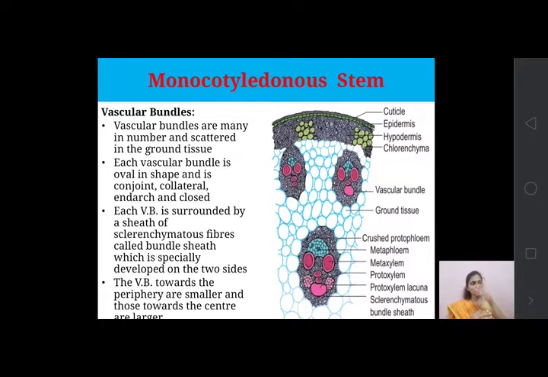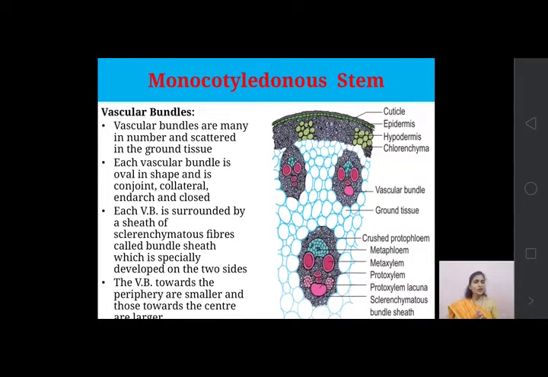The sclerenchymatous tissue covers the vascular bundles, hence it is known as the bundle sheath. Each and every vascular bundle is covered by this bundle sheath. The vascular bundles present towards the peripheral region, or the epidermal region, are smaller in size.